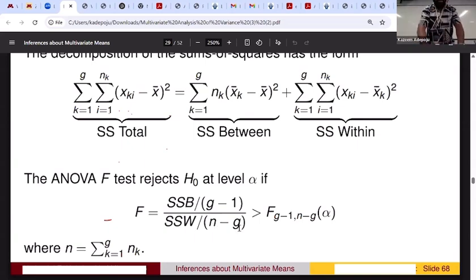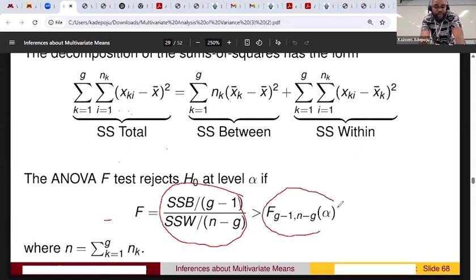So take a look at that. And how do we compare? If I compare this with this, I'm going to check from a table. We have a table of F with degrees of freedom G minus 1 and N minus G, with a level of significance.